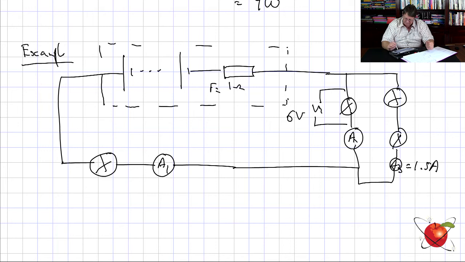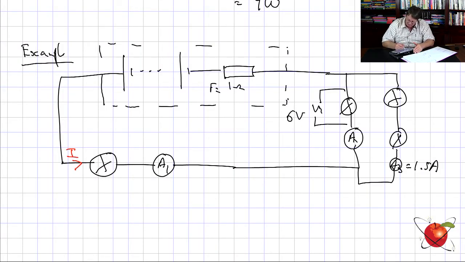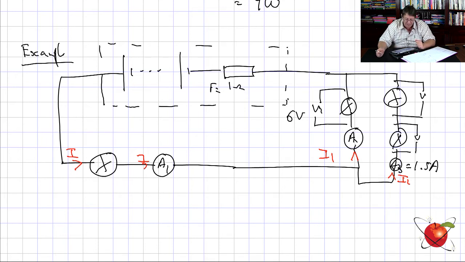Okay, step 1: put in the current, positive to negative, at every single place where there's a component. It splits here to I1, I2. Then I'm going to put a voltmeter over here and a voltmeter over there, and let's call them V3 and V4.